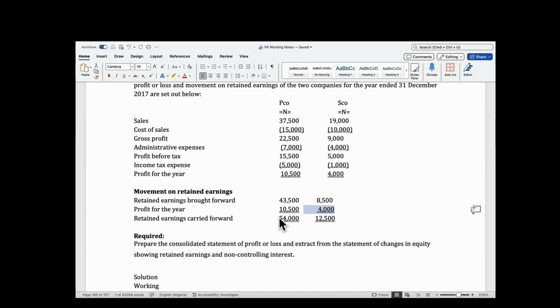We are now required to prepare the consolidated statement of profit or loss and extracts from the statement of changes in equity showing retained earnings and non-controlling interest.